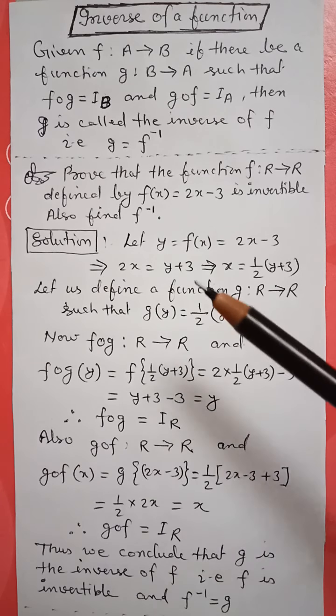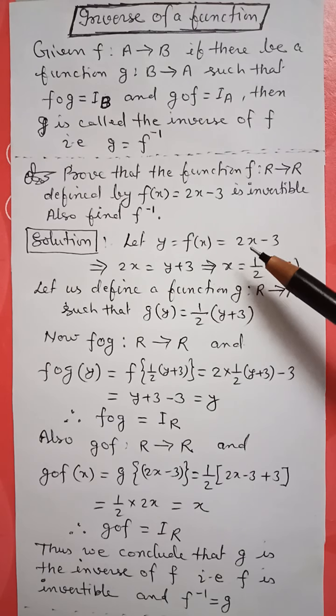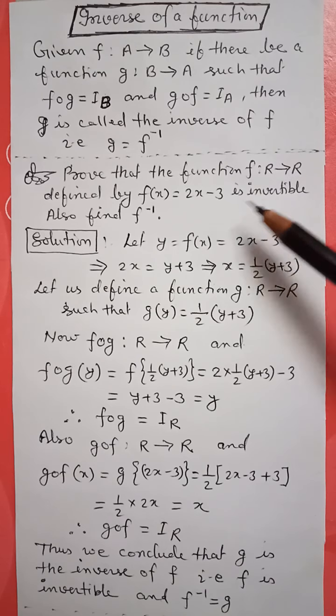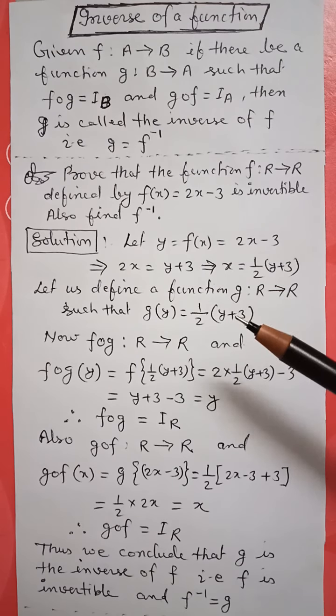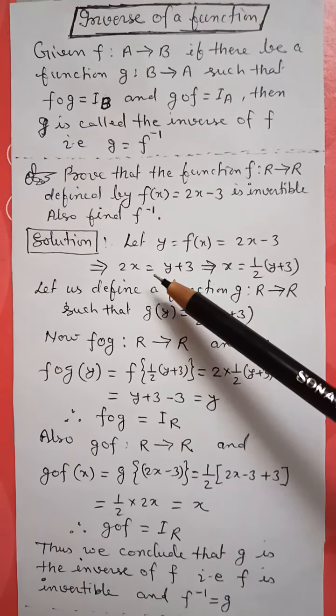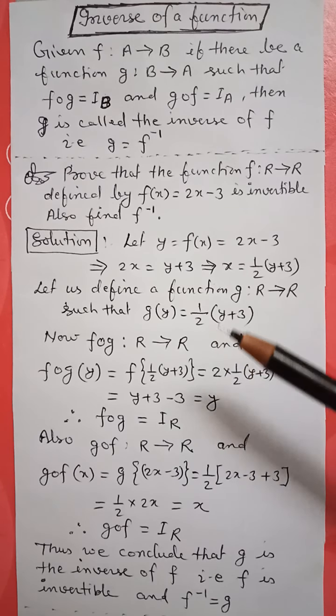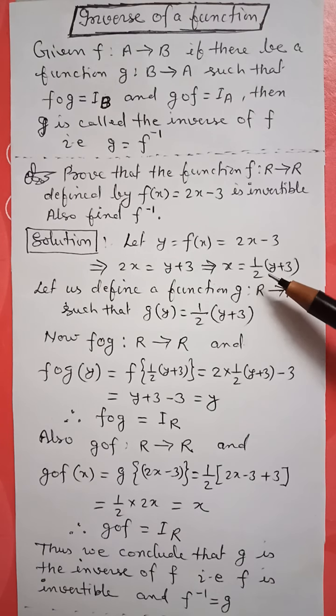Now let y is equal to f of x, this is equal to 2x minus 3. Therefore, 2x is equal to y plus 3. This implies x is equal to half of y plus 3.